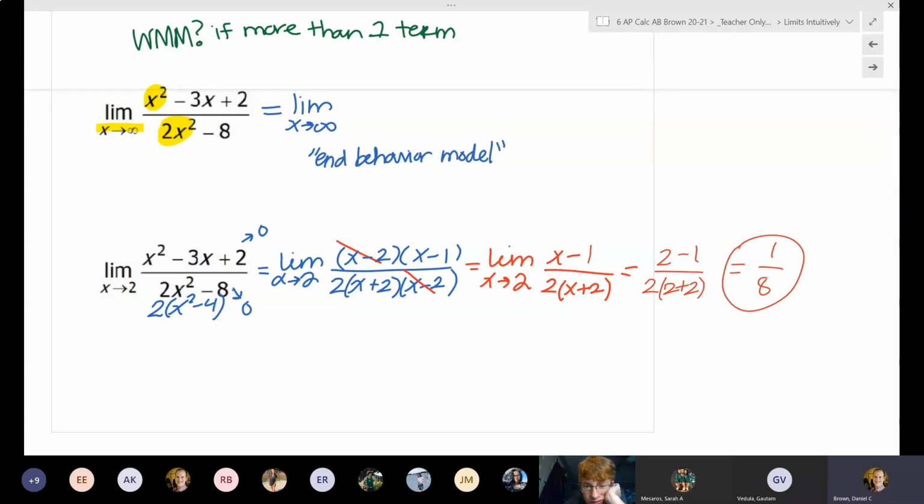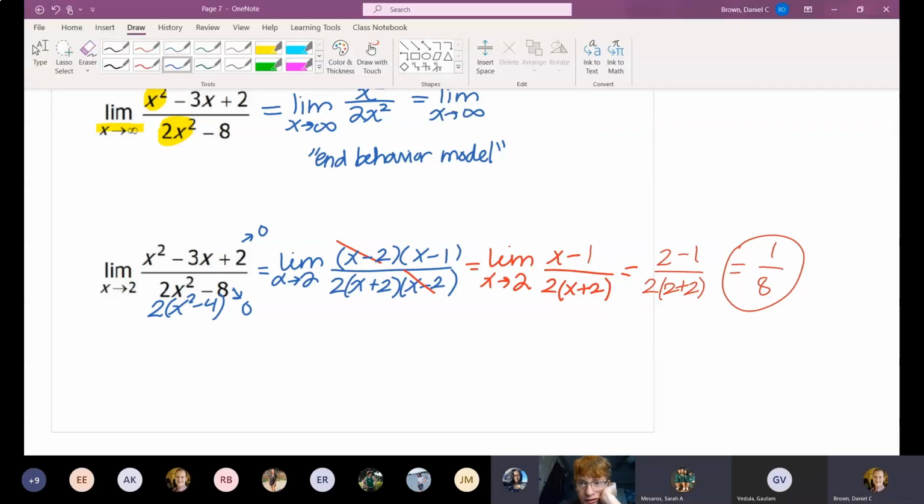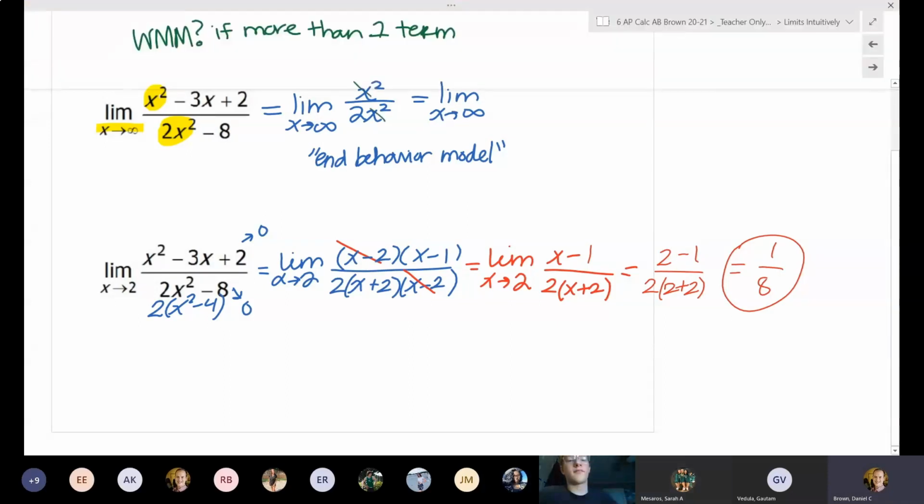What's the most important part of the numerator? It's x squared. What's the most important part of the denominator? It's 2x squared. If I simplify that, what's going to happen to those x squareds? They cancel out, and we're just left with 1/2.